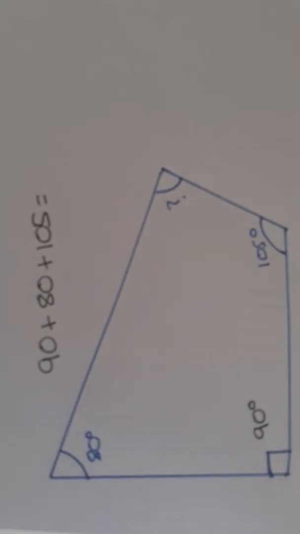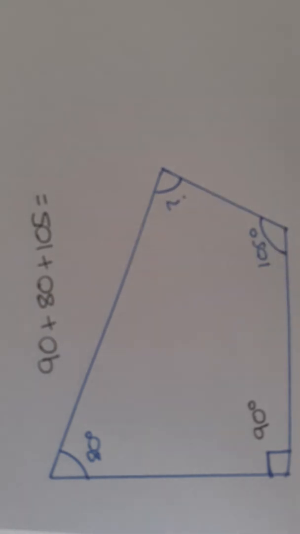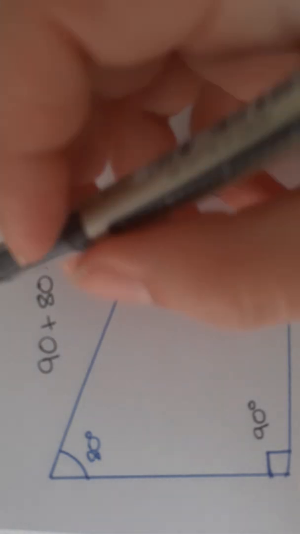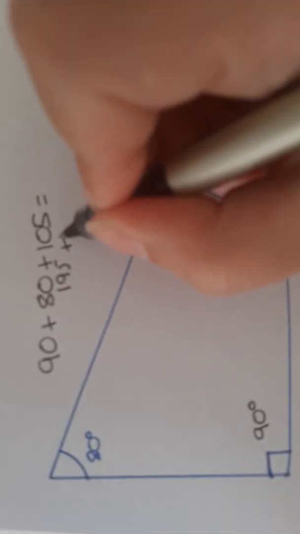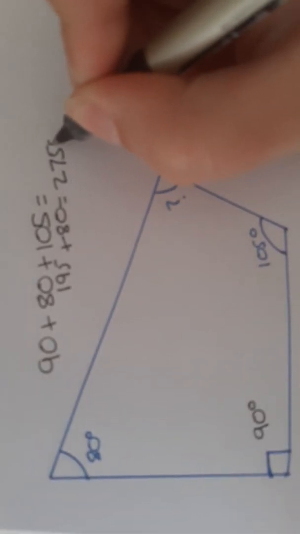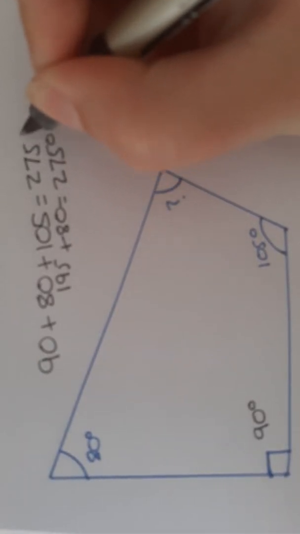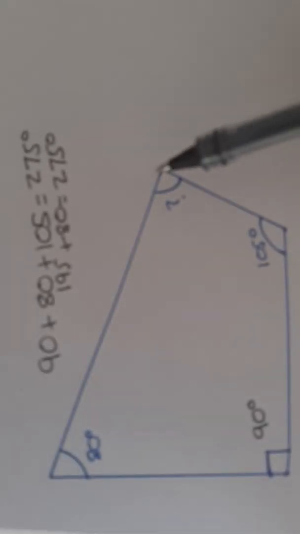With my mental maths, I find it easier to add 90 and 100 first, which will give me 190. Add the 5, 195. I'm then going to do 195 add 80. So the total of all three angles is 275.